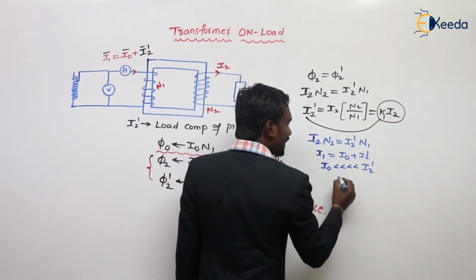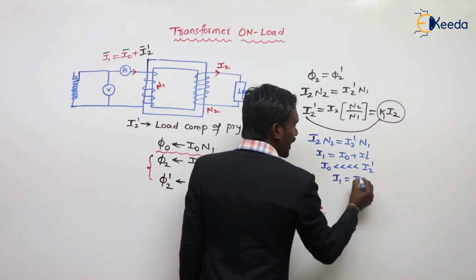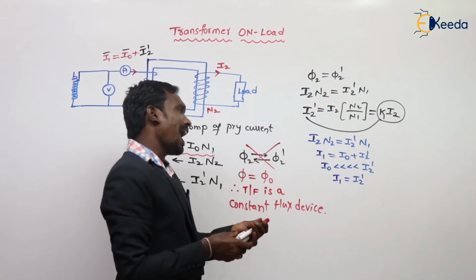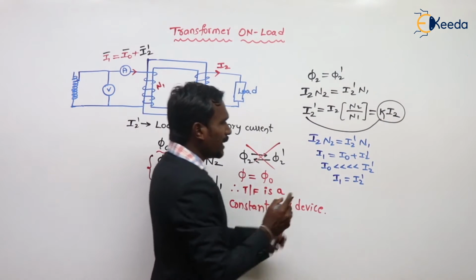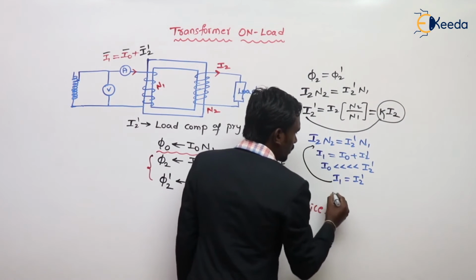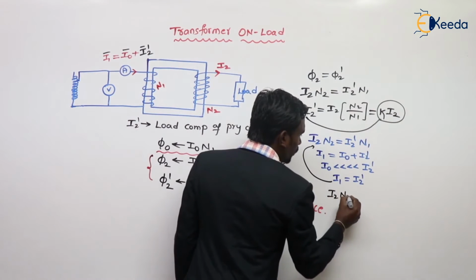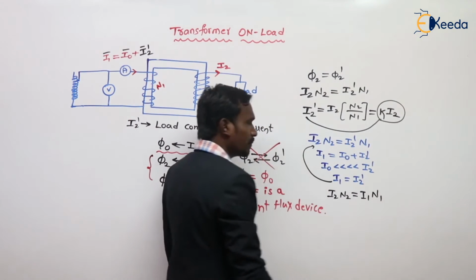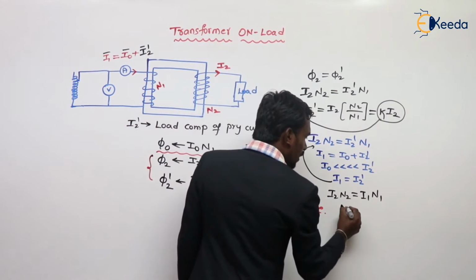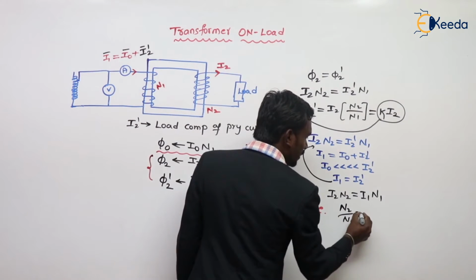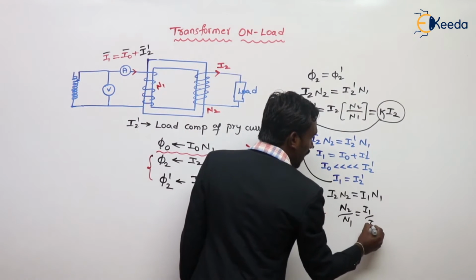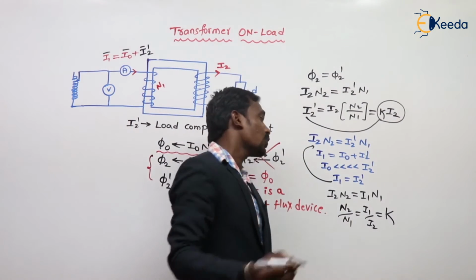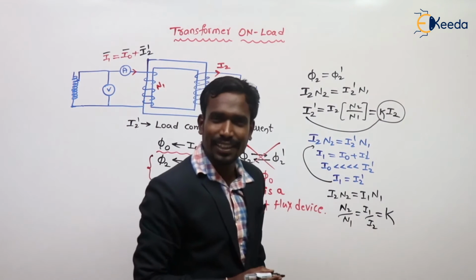If I0 is neglected, I1 can be written as I2 dash. I1 is equal to I2 dash. Now tell me, substitute here: I2 N2 is equal to I1 N1. So N2 upon N1 is equal to I1 upon I2, that is equal to the transformation ratio K we discussed earlier.